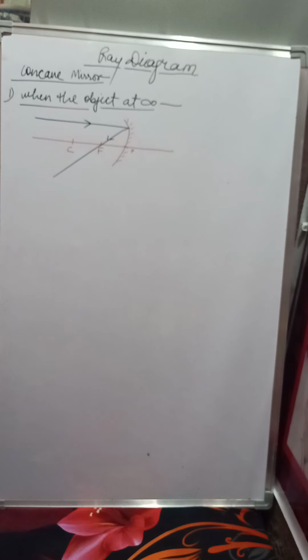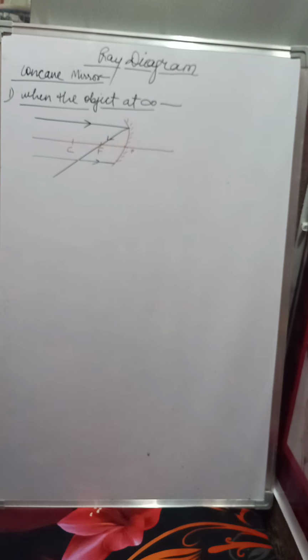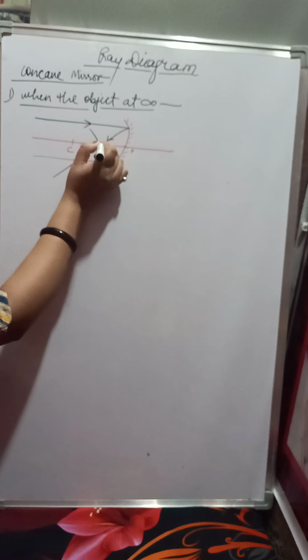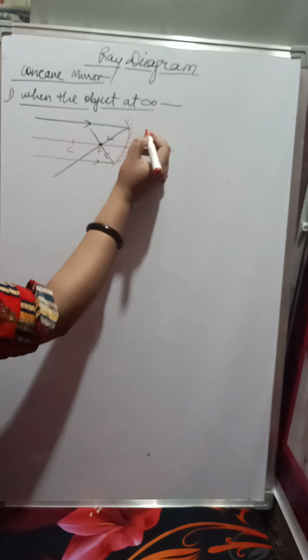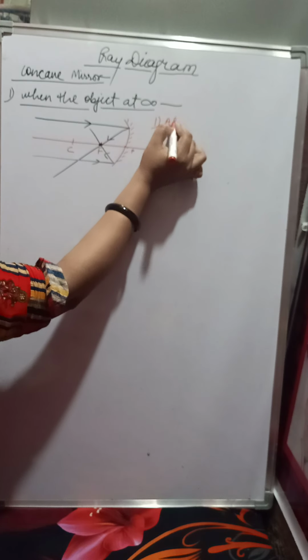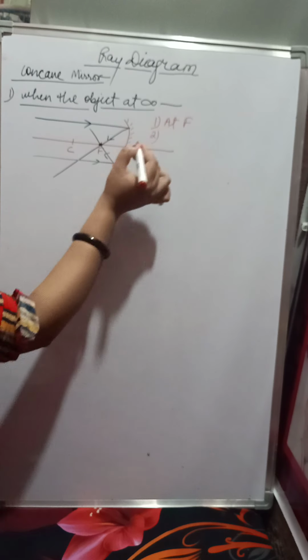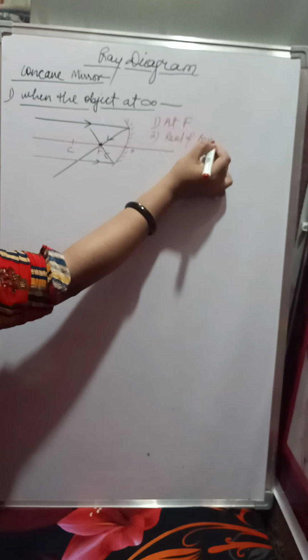Second, image formation is not possible by taking a single ray. So we will take one more ray. The second light ray is also coming parallel to the principal axis. After reflection it will pass through the focus. We can see that these two light rays are intersecting at one point, that is focus. So where is the image formed? It is formed at focus. It is formed by the actual intersection, so it is real, and a real image is always inverted.